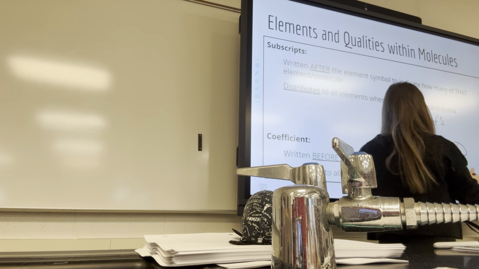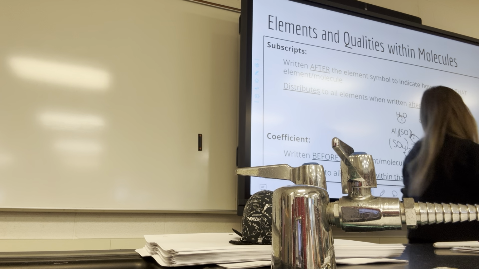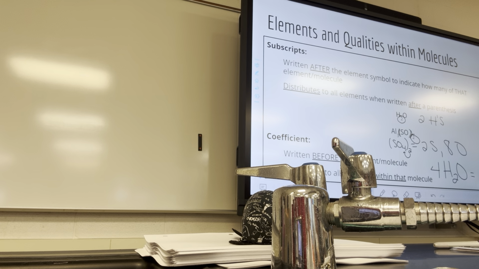So if I wanted to write 4H2O here, this would mean that I have 8H, math is hard, and 4O, because I am using that coefficient to distribute. If I have a subscript, I'm multiplying my coefficient by my subscript, which gets me my 8H, and then my 4 by my O gives me 4 oxygens.